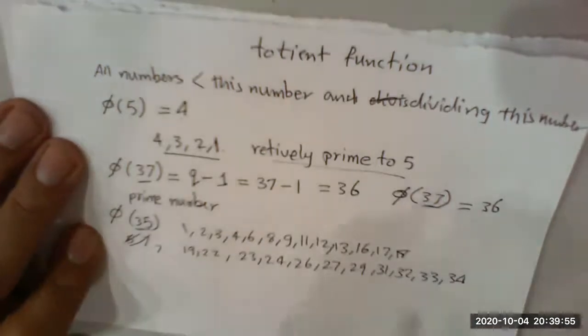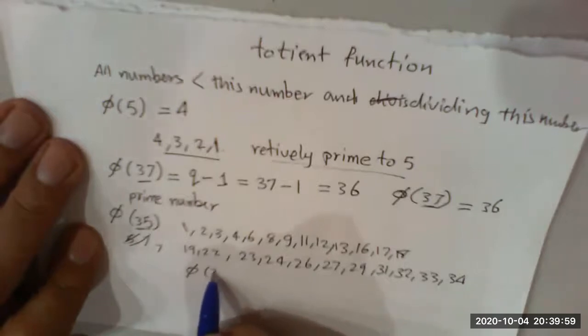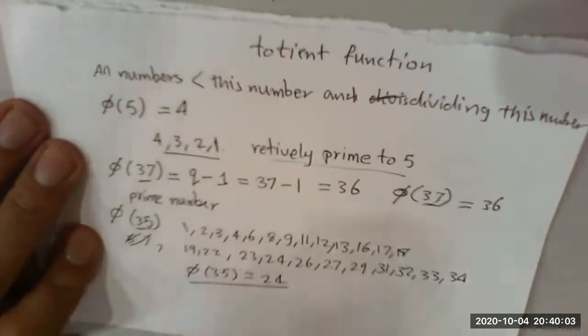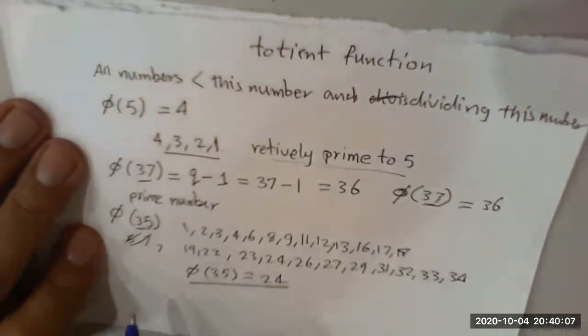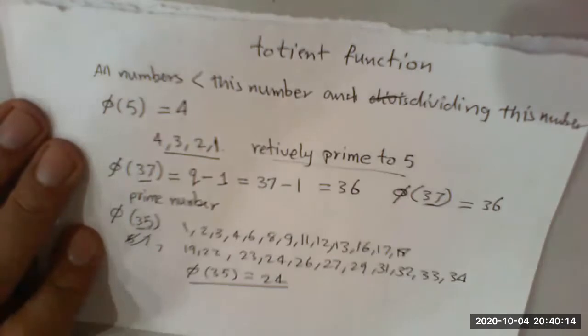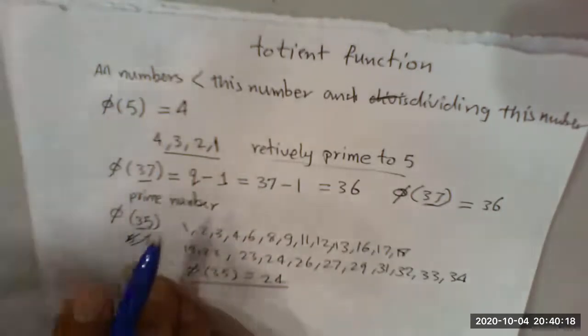All these numbers, if you count them, you will find that phi of 35 equals 24. All these numbers are relatively prime to 35.